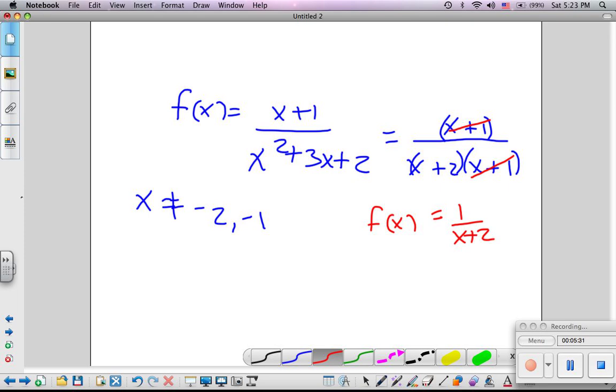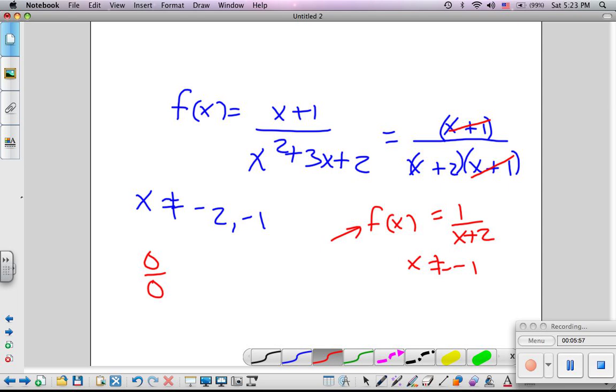But we have to put down that this is only true when x is not equal to minus 1, because our original equation would have a break in the graph at both of these points. So it's okay to simplify like this, but you just have to remember to carry along any points that you divided out.